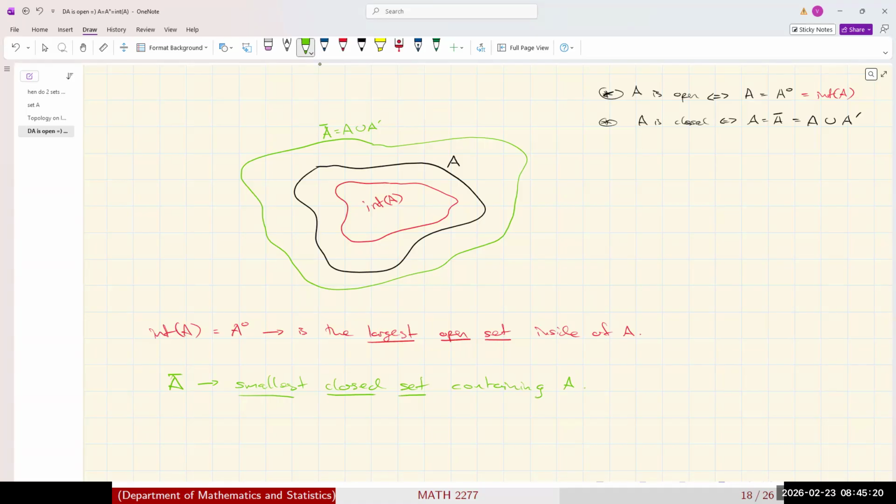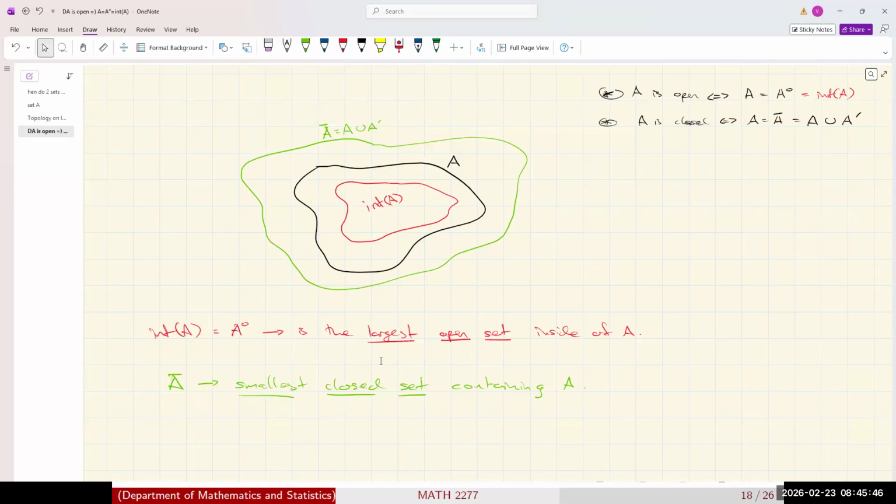So this is how you should view these sets. You have the set A, that inside of it, the largest open set is the interior. Outside of it, the smallest closed set you could find that has A is its closure. And there are proofs of these things, by the way.